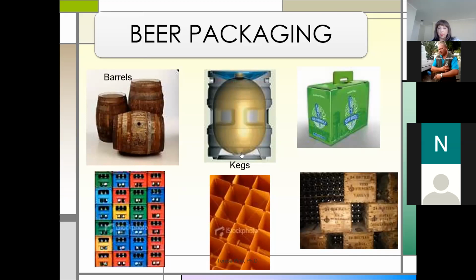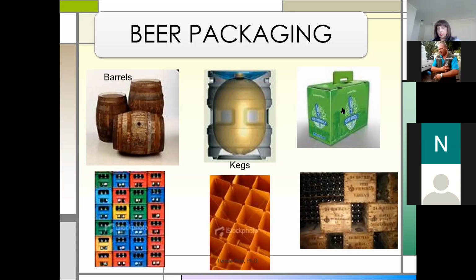And then we have the kegs. Kegs are made of aluminum, so they tend to dent. Dent means abollarse. They tend to dent, but they're more expensive. But this keeps the beer in good condition, especially when it refers to temperature.